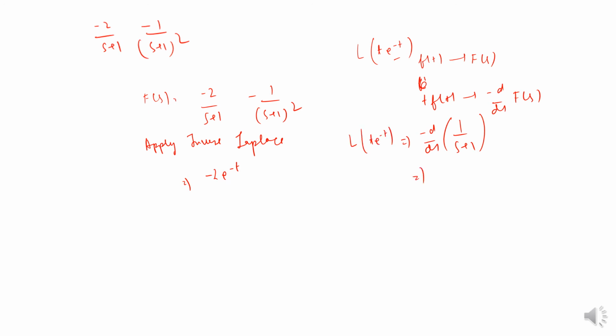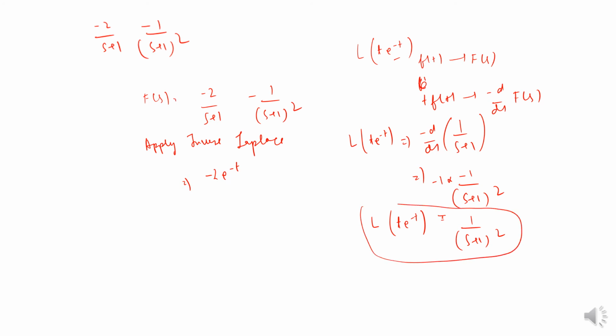Now this is equal to minus dou by dou s of 1 by s plus 1, which is minus 1 by s plus 1 whole square into minus 1, so 1 by s plus 1 whole square. Therefore, the Laplace transform of t e power minus t is this. So that is why I have been calculating this, for the second term.